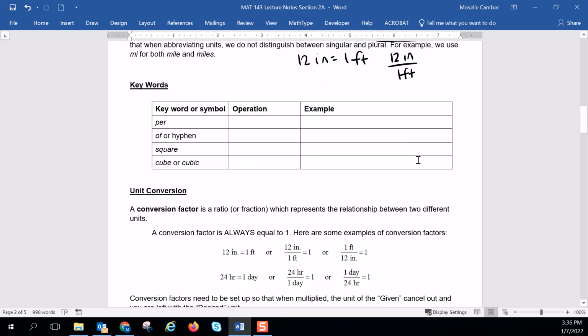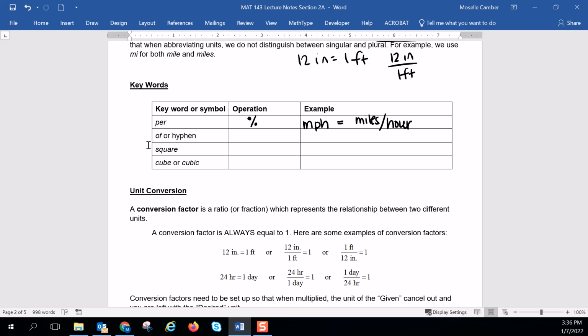Okay, so a keyword you're going to see quite a lot is per. Per in math means division. For example, miles per hour is the same thing as miles divided by hour.